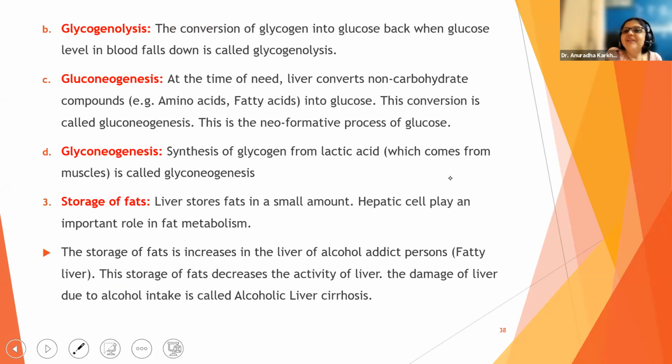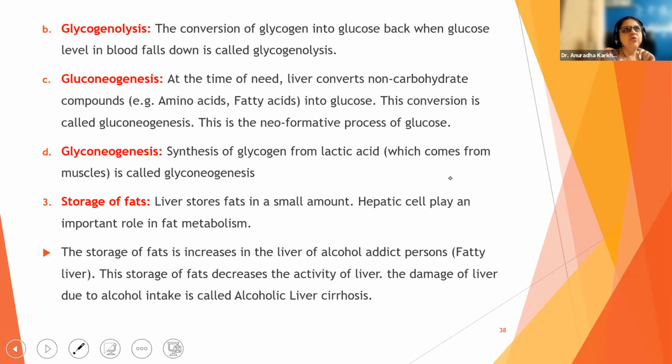Glycogenolysis. Lysis is breakdown. So glycogen ka lysis. Glycogenolysis. That is conversion of glycogen into glucose back when the glucose level in the blood falls down. It is called glycogenolysis. So sometimes you are feeling very hungry and you don't get anything to eat. Then you start feeling very tired and very lazy.